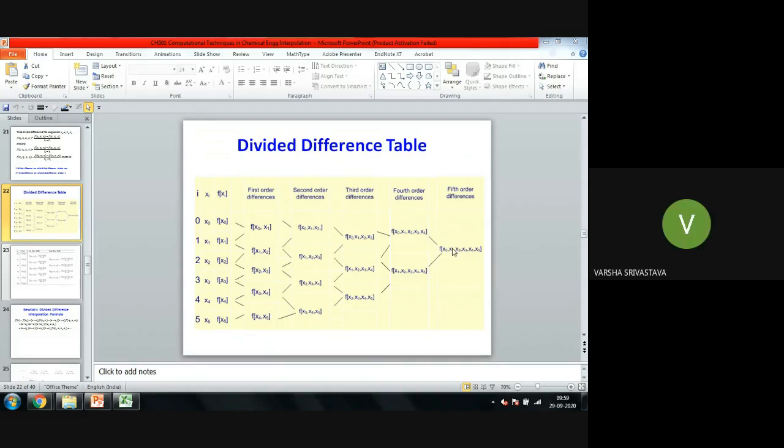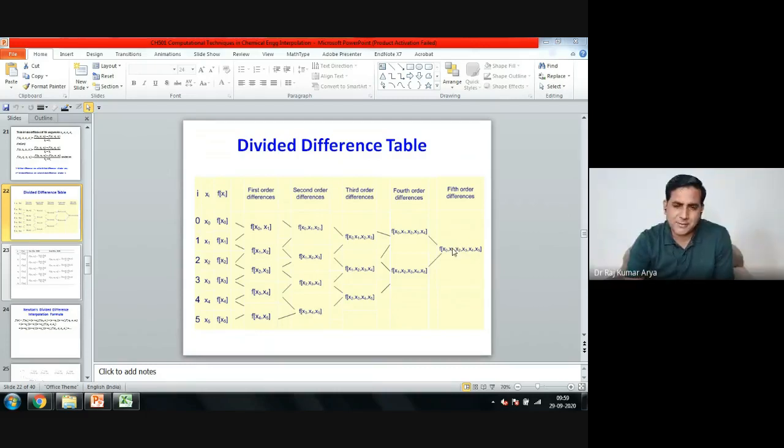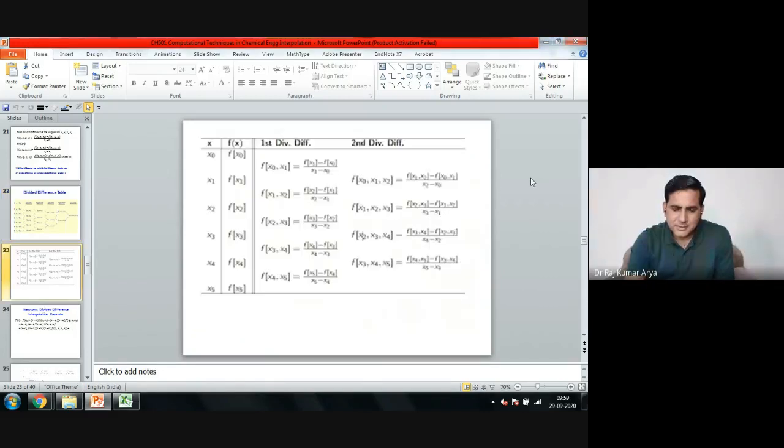Yes, sir. After that, once you have this divided difference table, this is another way to show it. The first divided difference for arguments x0 and x1 is the function value f(x1) minus f(x0) divided by x1 minus x0 only.